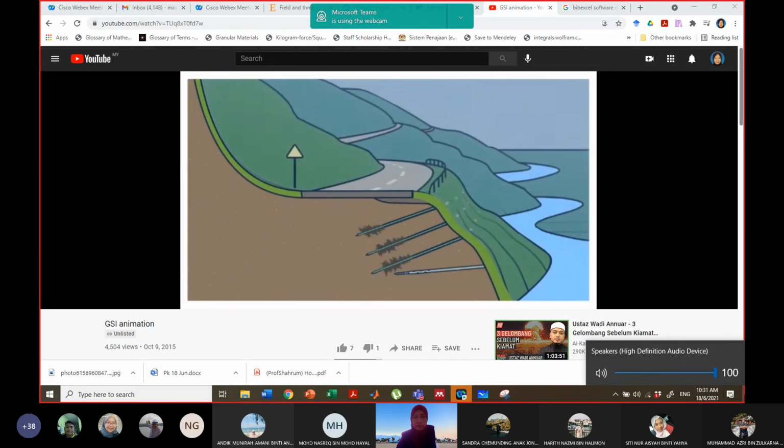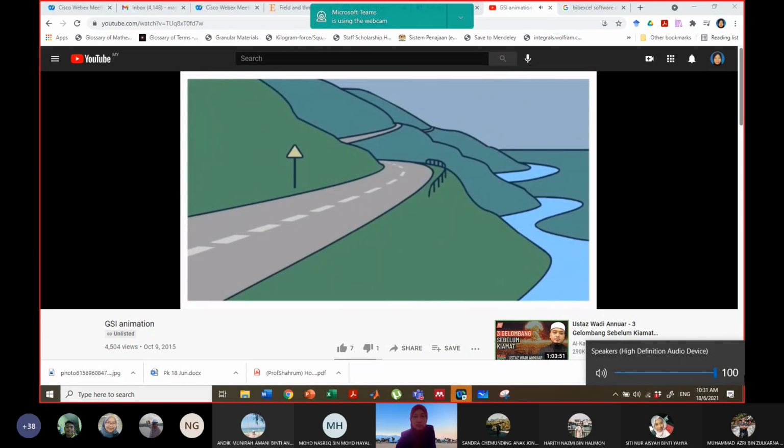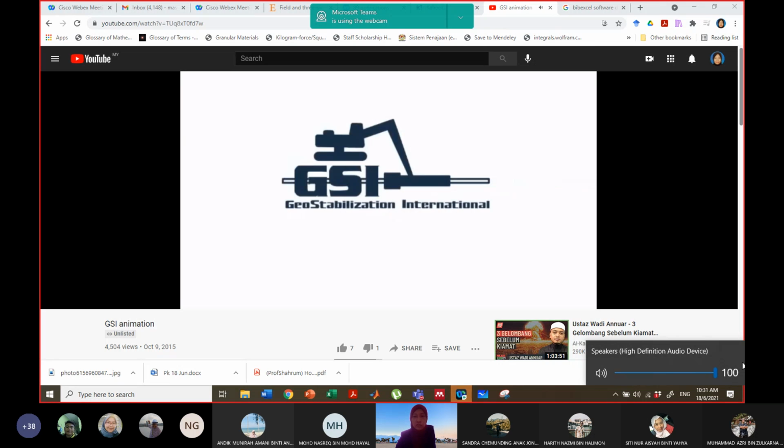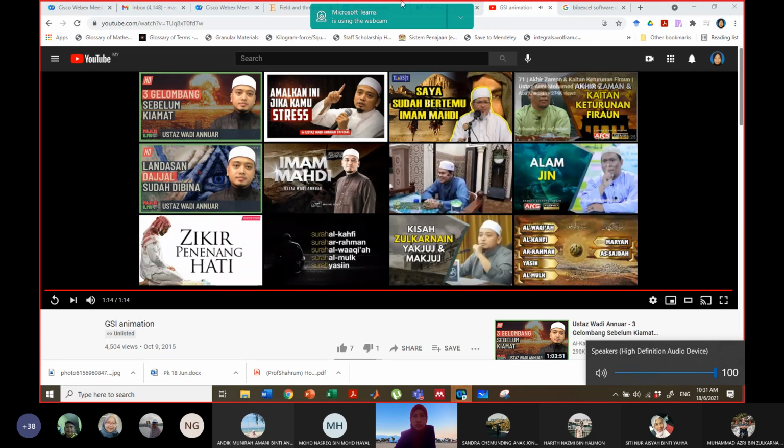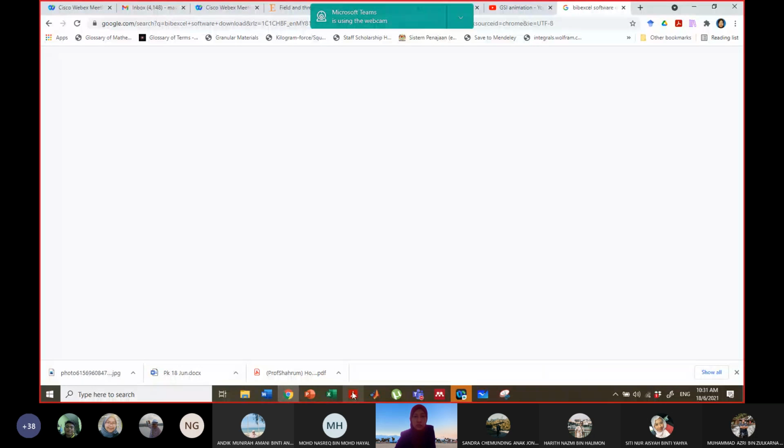Okay, see, the road seems not to have any failure due to the landslide.